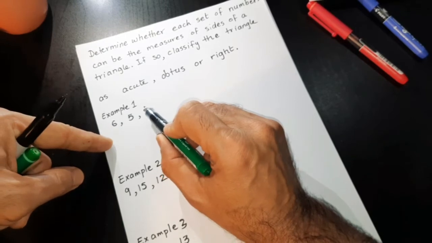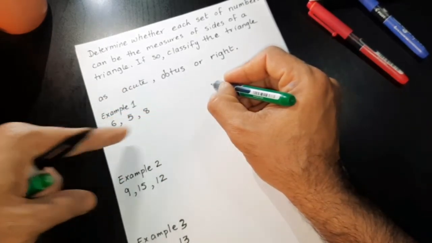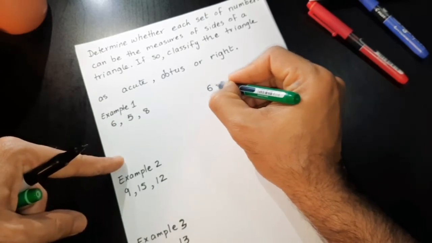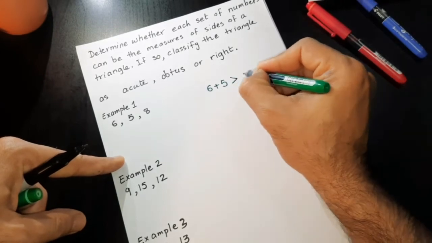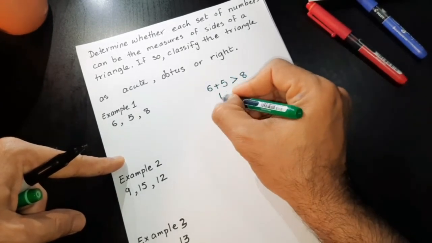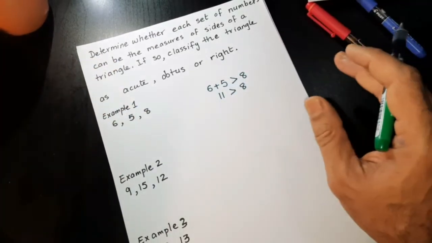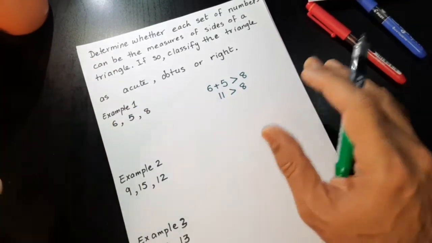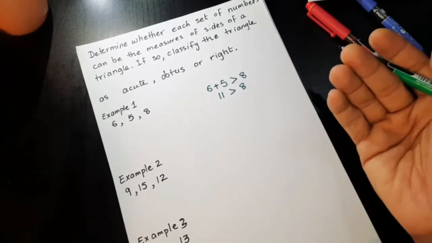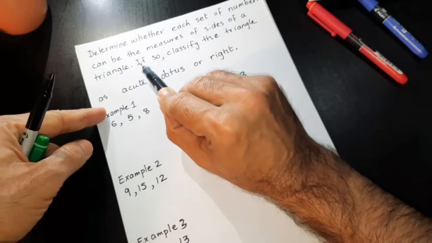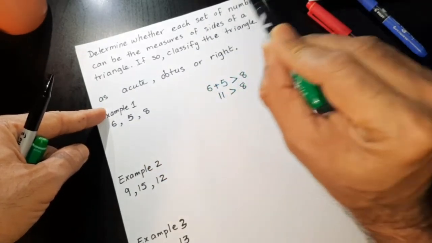But here we are going to be comparing only two smaller sides with the greater one. So 6 plus 5 should be greater than 8. So this will form a triangle. Okay, next step is to determine whether it is going to form a right angle triangle, acute triangle, or obtuse triangle. So classify the triangle as acute, obtuse, or right.